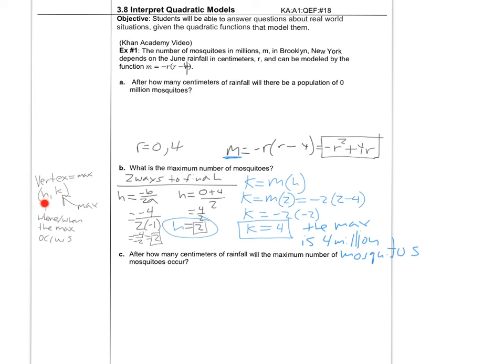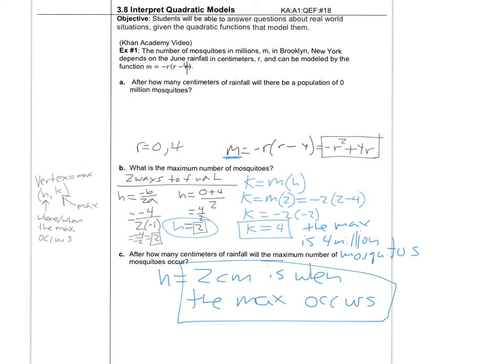Well, we already know that that's H, so that's at 2, and since they told us that our R is measured in centimeters, we know that H equals 2 centimeters is when the maximum occurs. So after how many centimeters of rainfall will the maximum number of mosquitoes occur? It's at 2 centimeters. That's it.